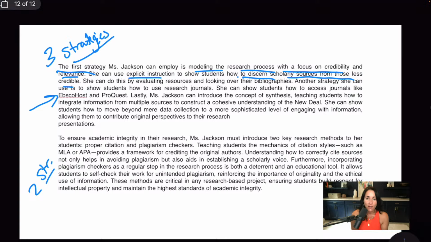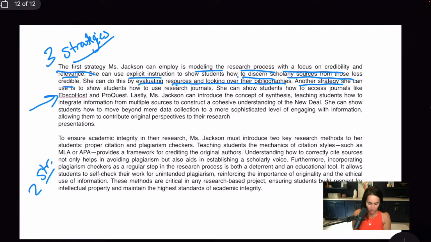If this were a phonics one, she can use explicit instructions to show students how to use phonics rules when decoding words. Modeling can be applied to any constructed response. She can do this by evaluating resources and looking over their bibliographies. Again, getting more specific.